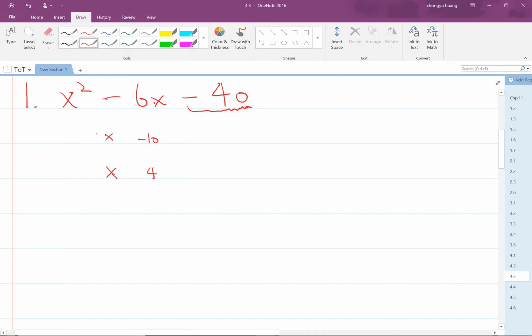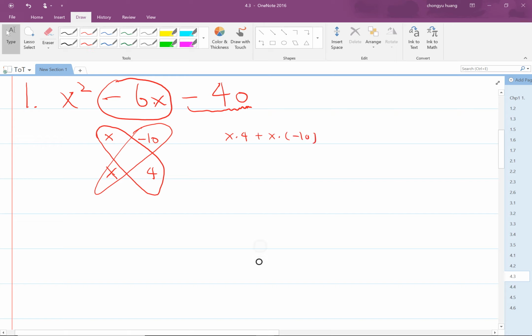Then we do the cross operation, because we want to make sure the middle term is negative 6x. We have x multiplied by 4 plus x multiplied by negative 10, so 4x minus 10x is negative 6x.